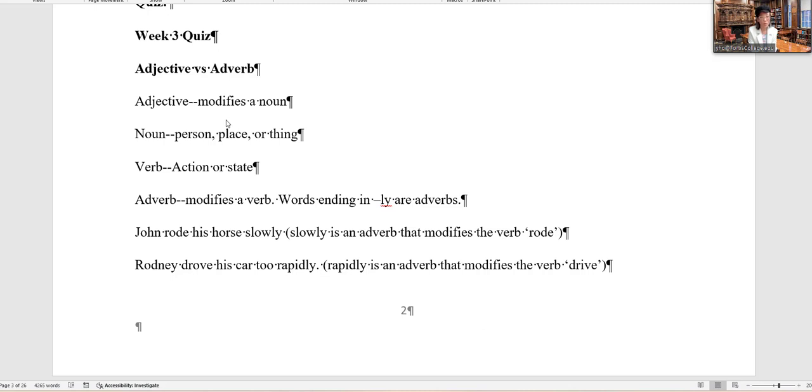John rode his horse slowly. Slowly is an adverb that modifies the verb rode. So here, slowly is the adverb that modifies how he rode. Rodney drove his car rapidly. So here the word rapidly is an adverb that modifies the word drove.